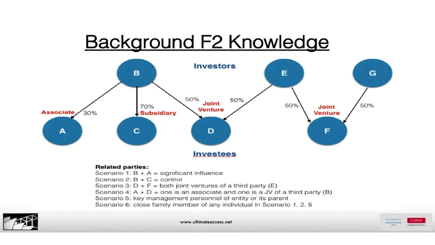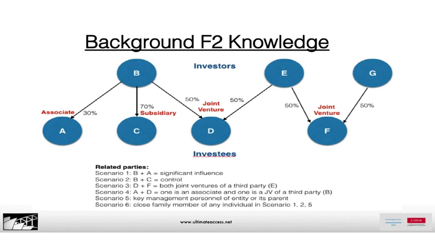The next slide shows us a little bit of a visual look of the different companies and relationships that could exist. In scenario 1, we have Company B and Company A, where Company B actually owns 30% of Company A. Company A would then be an associate of Company B, because Company B will have significant influence over Company A's management.